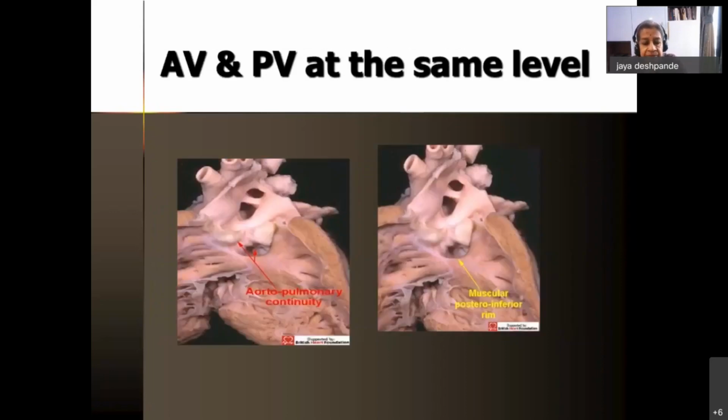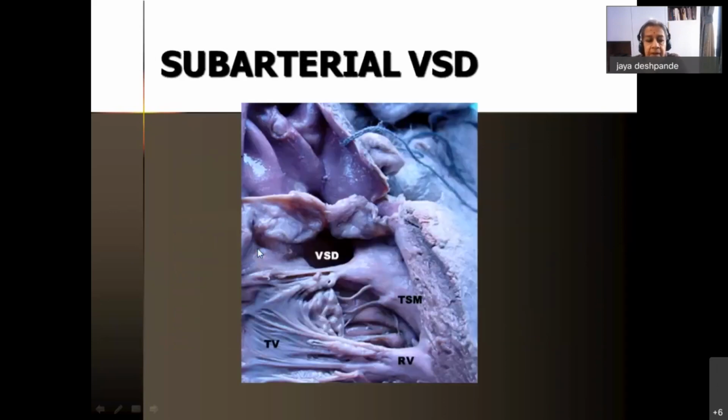Here you see the aorta, pulmonary artery, and you see the fibrous continuity between the aortic and the pulmonary valve. Here again you see the aortic pulmonary valve continuity. Again, a subarterial type of VSD.